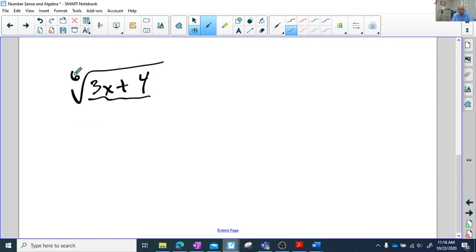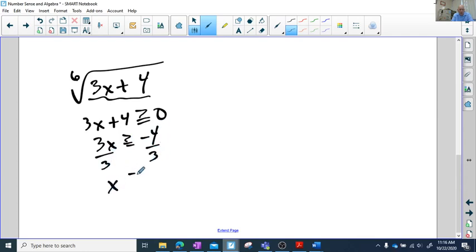Well, because it's an even index, the radicand must be greater than or equal to 0. Solve this. Divide by 3, divide by 3. Now notice I didn't reverse the inequality because I was dividing by 3. Students sometimes mix up and say, yeah, you're dividing into. I didn't say dividing into, when you divide by a negative, so that would stay the way it is.